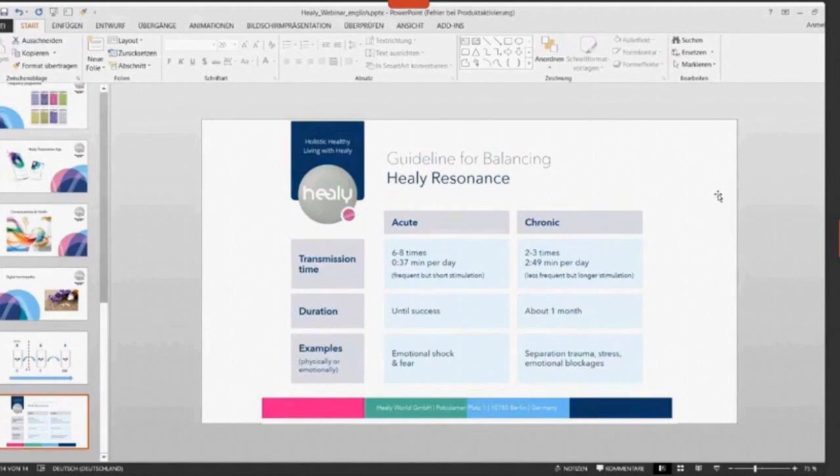Okay, then there was the question here from Glenda: 6 to 8 times right after each other, or do we need to wait for so many minutes or hours? Yeah, as we said here, it's 6 to 8 times a day. You don't have to do this one after the other. The idea is again consciousness, or the mental intention.